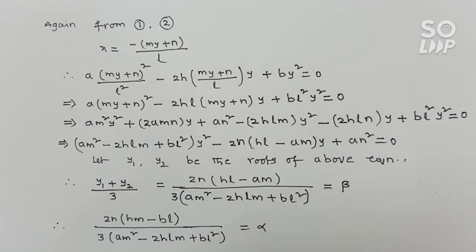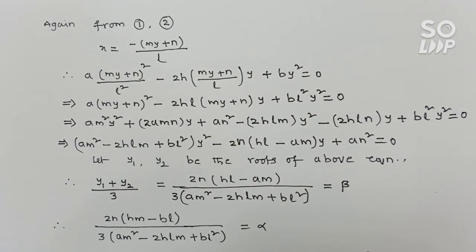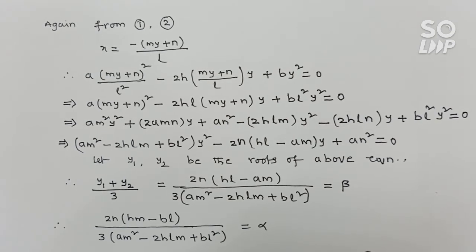And next, for beta, you can write beta whole divided by (h into L minus a into m) is equal to 2n whole divided by 3 into (a into m square minus 2h into L into m plus b into L square), right?